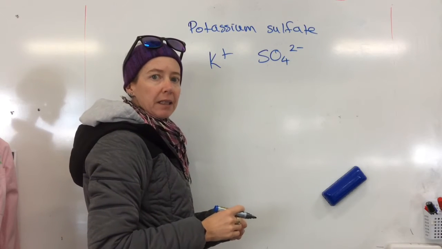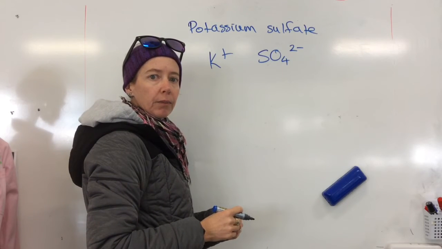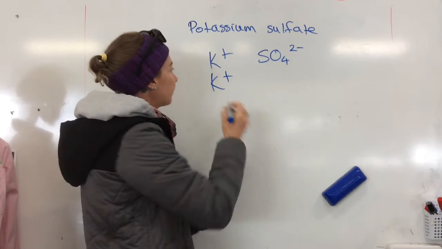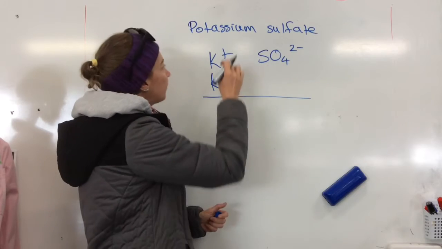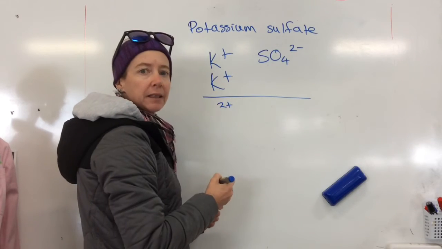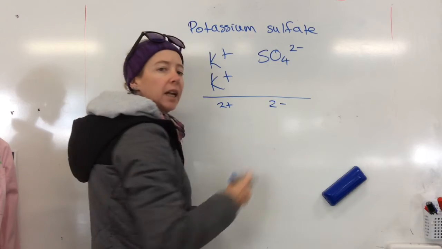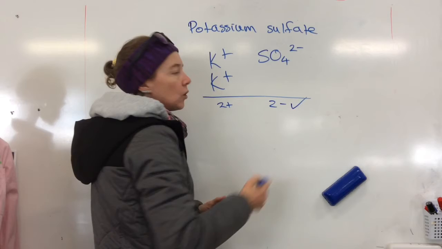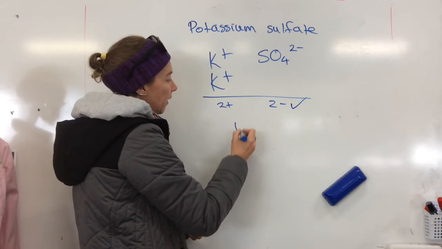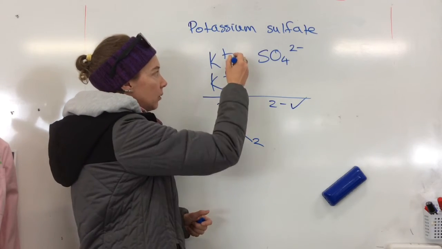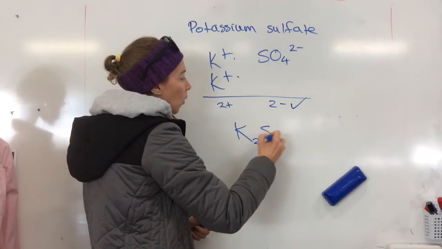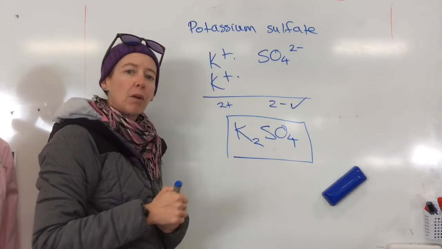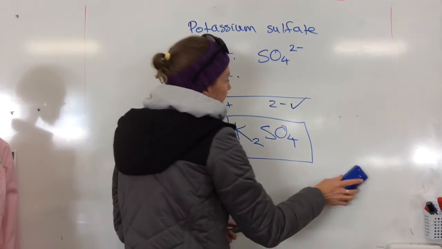What do I have to do to balance it? Hopefully you said, add another potassium ion. Let's have a look. 2 plus, 2 negative, balanced? Yes. So, we have 2 potassiums, 1 sulfate. There's the chemical formula.